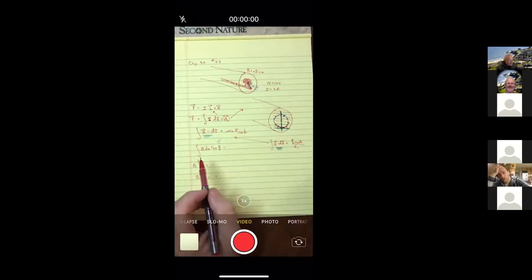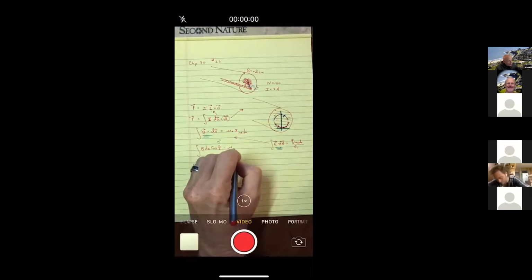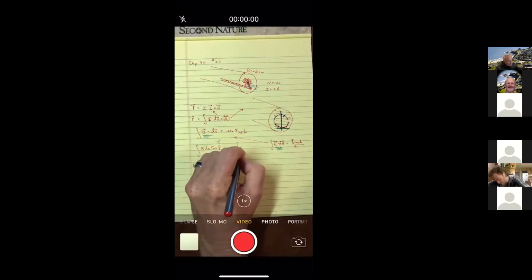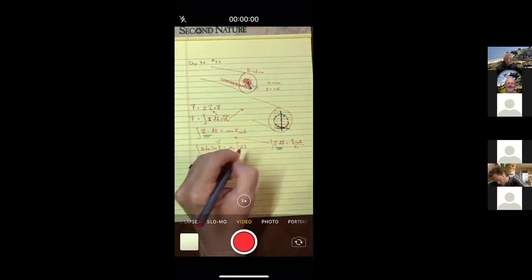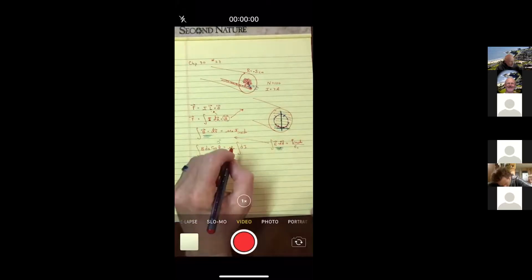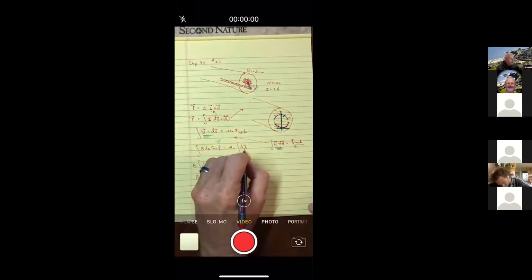Now, the other side of this is this mu naught, and then it would be the current that is inside of my Amperian loop. So let me write it then as the sum of the current and come back to my picture.